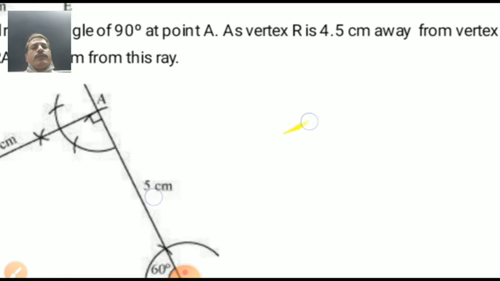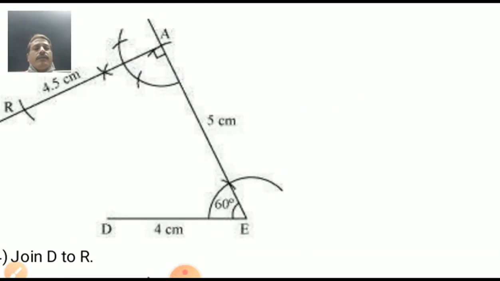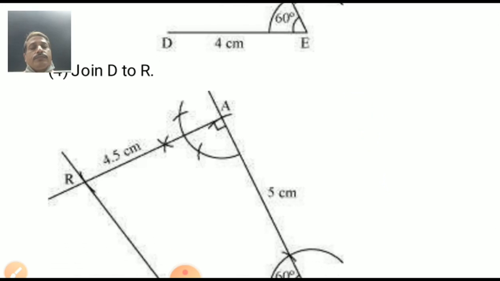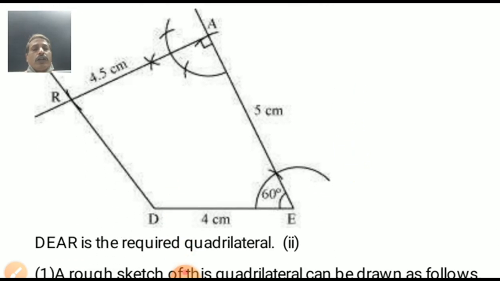Understood? See how you took 90 degrees and 60 degrees. Clearly, your points are ready. Join DR. Correct. Quadrilateral DEAR is ready on your screen.